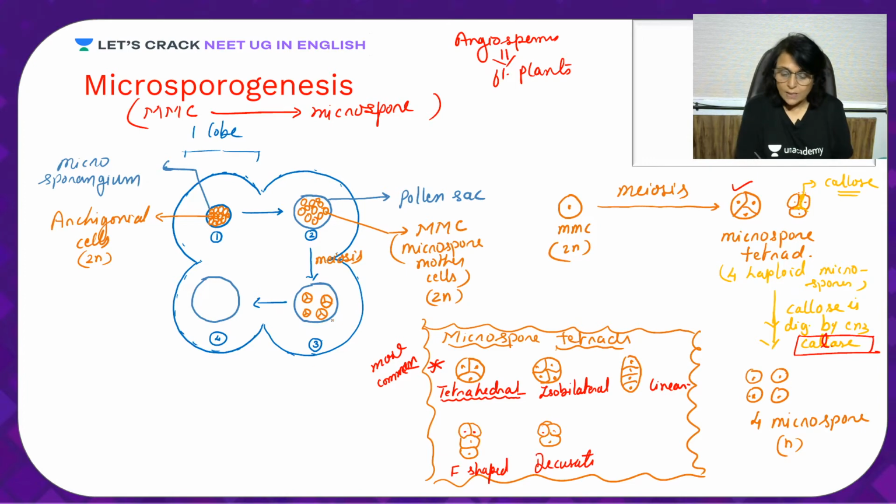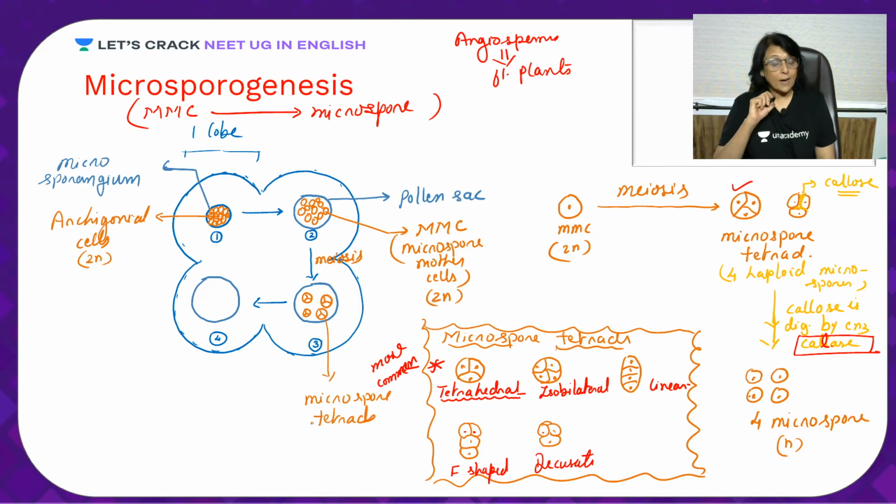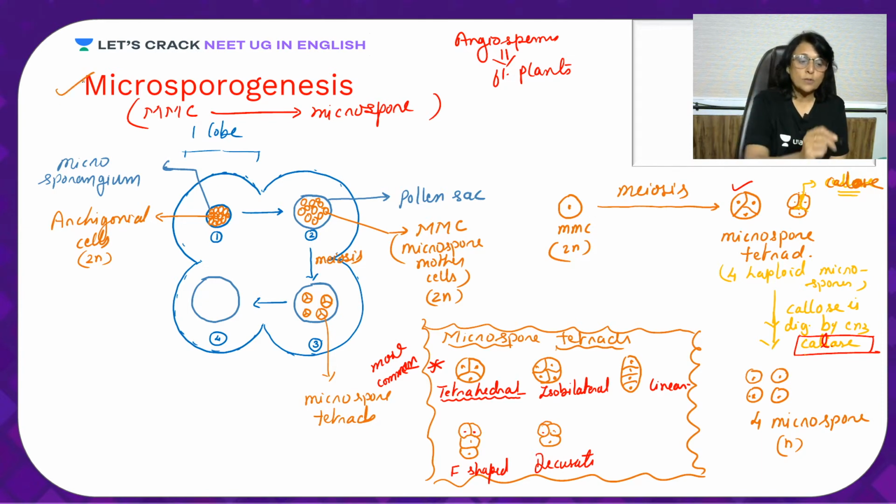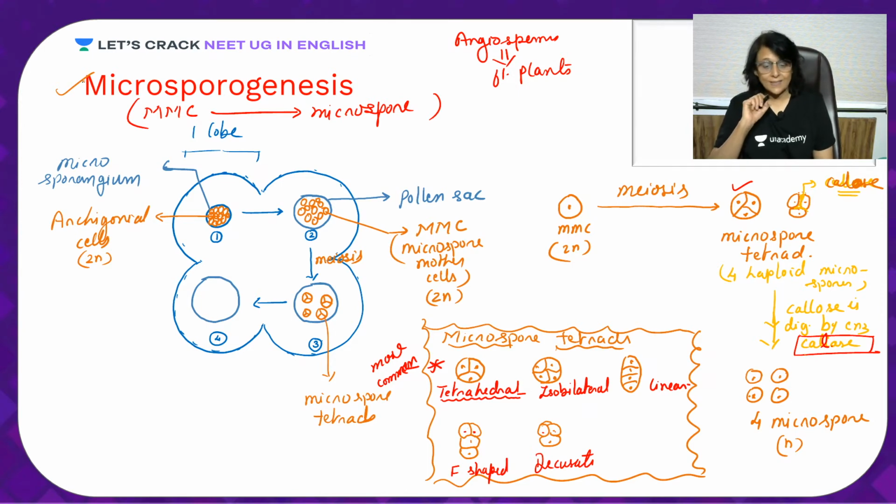These 4 microspores are held together because of callose, and the enzyme callase dissolves this callose so that all 4 microspores are set free. So microspore formation is over, and that is the process of microsporogenesis.